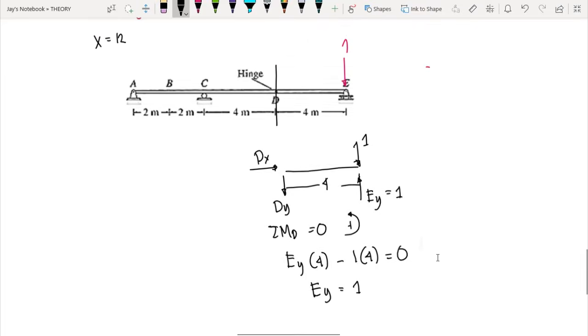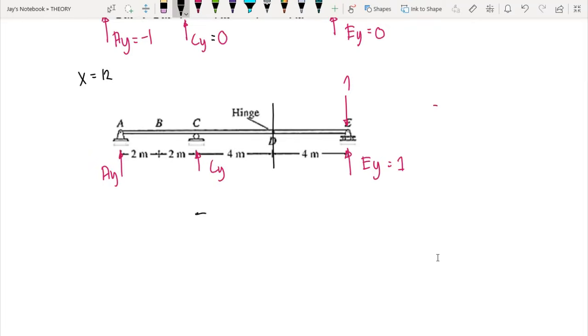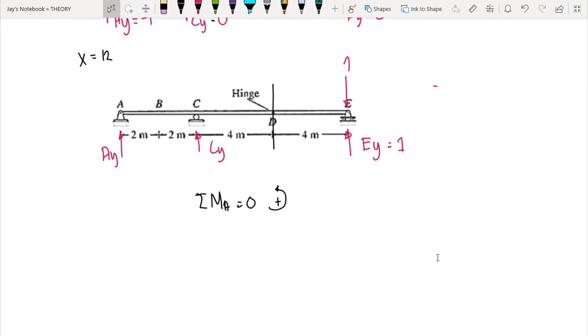Okay, so we have the value at Ey, which is equal to 1. But since we need the value of Ay and Cy, because that has been asked according to the problem, we can just sum up moments at A equal to 0, counterclockwise positive. So we have Ey times 12 minus 1 times 12 plus Cy times 4 is equal to 0, and Ey here is 1.